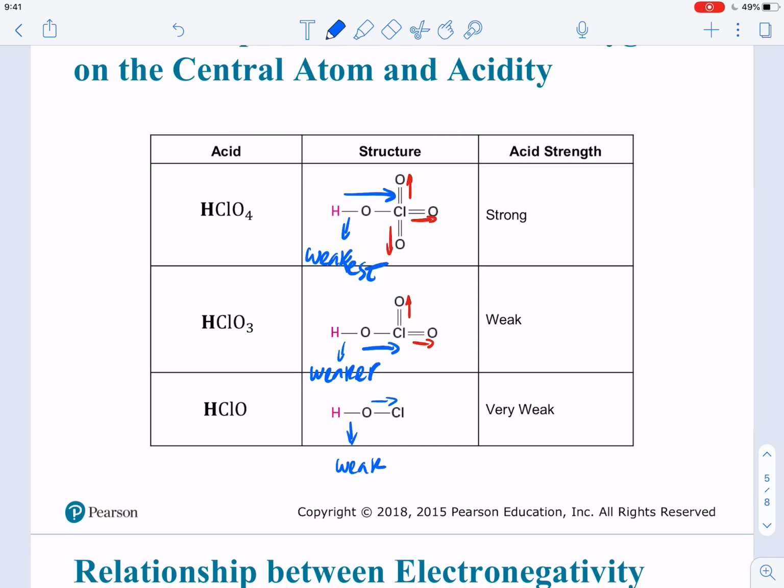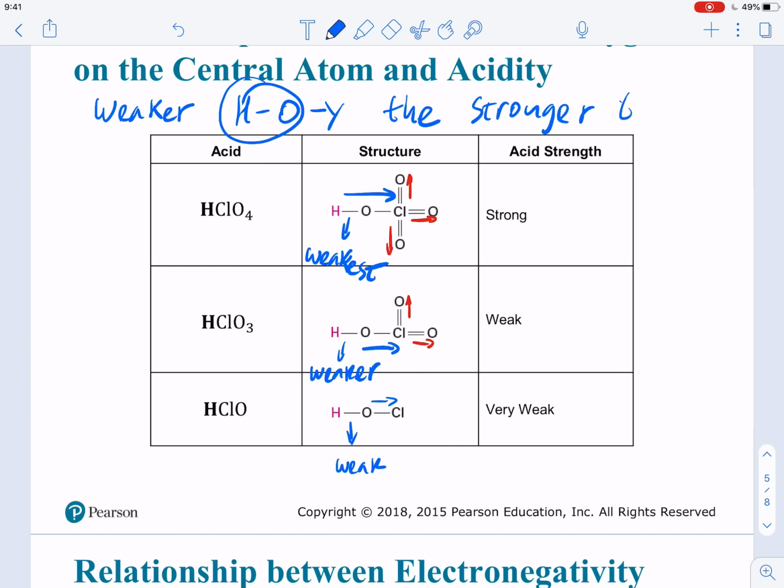Okay, so the take-home message here is that a weaker HO bond, the stronger the acid. Okay, that's what you are aiming for.